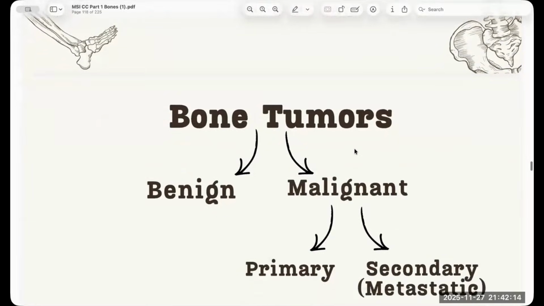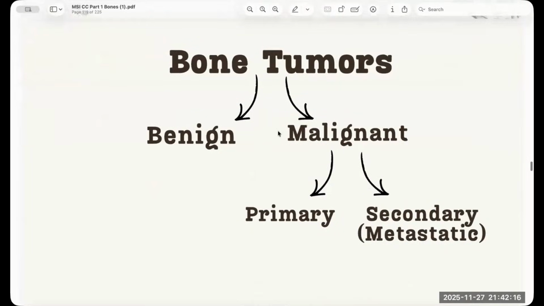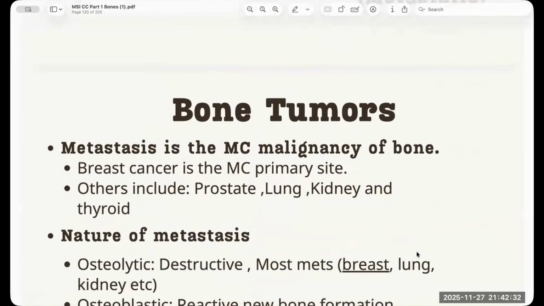So for the bone tumors, we have benign and malignant. This is the classification for almost every tumor. Okay, the malignant has primary and secondary types. Secondary is usually a metastatic form. Now, metastasis is the most common malignancy of bone.